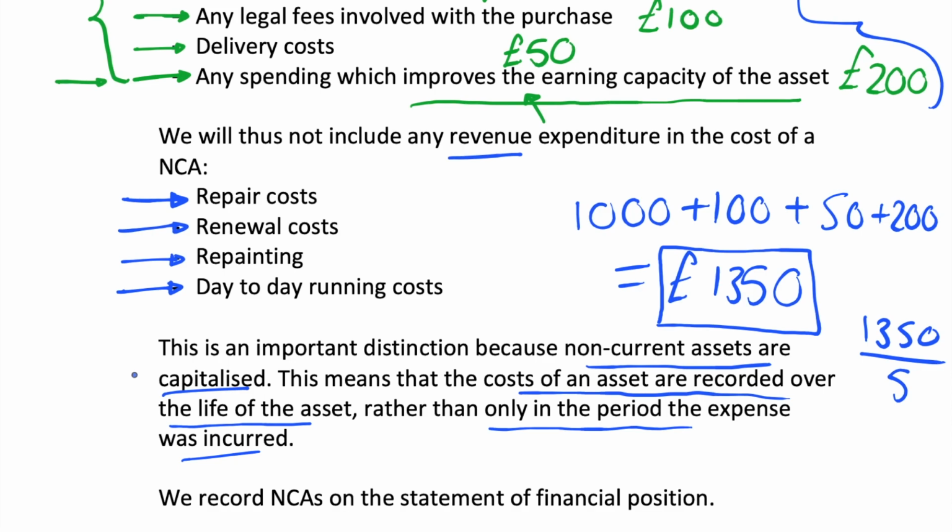expense was incurred, and this is an application of the accruals process, that we want to spread our cost over the times where our income is actually received. So an asset is going to be earning income over a period of time, so you want to spread out the cost to match up with these incomes, but I'll go into more detail on that in a future video.